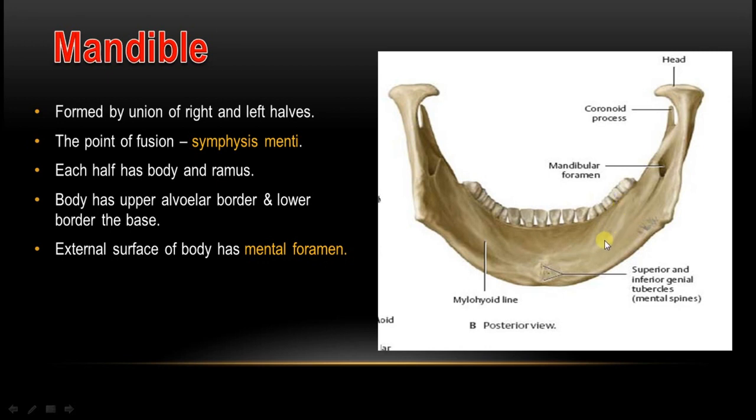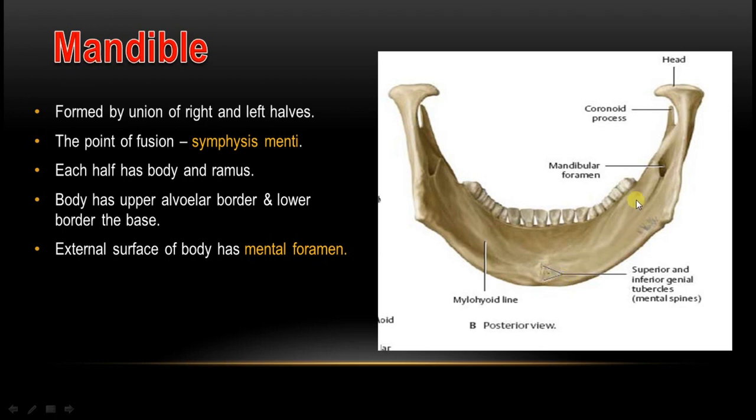So this divides the inner surface of the body: above is the sublingual fossa, where the sublingual salivary gland is present, and below is the submandibular fossa, on which the submandibular gland partly rests. Here you also see another depressed area called the digastric fossa for the anterior belly of the digastric muscle.